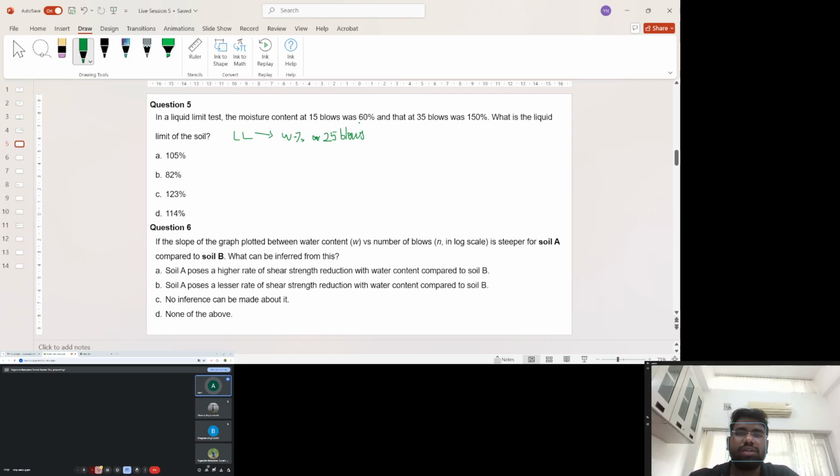It is a simple application of slopes, that is y2 minus y1 by x2 minus x1. When you plot water content against log N, you will get a straight line.